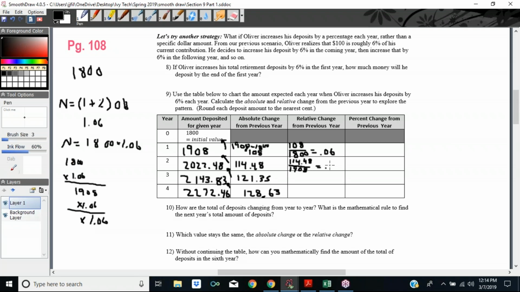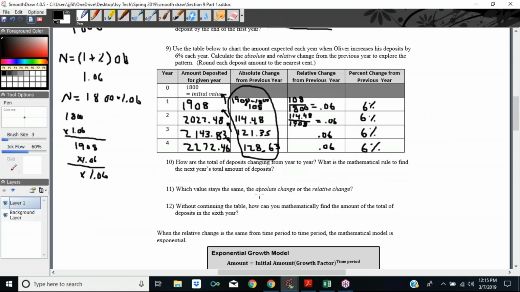And we get the same result, 0.06. And that's what we'll get for each of these, as a matter of fact, which is 6%. Oh my goodness, imagine that. Oliver is increasing his deposits 6% each year, and our relative change is 6%. So now we don't have a linear model anymore because these values are different every time. We don't have a linear model.